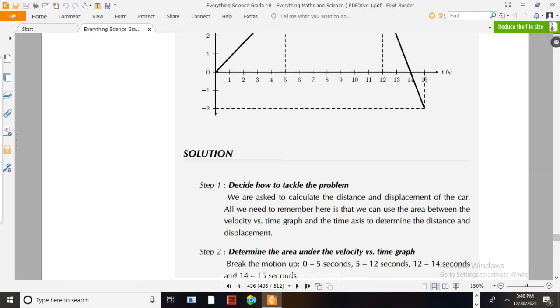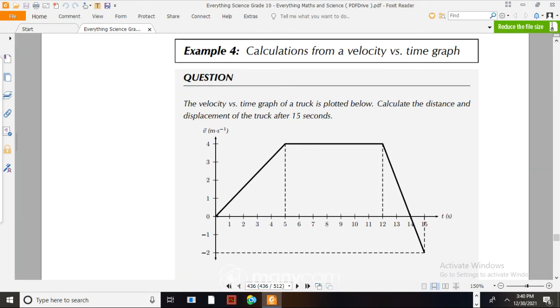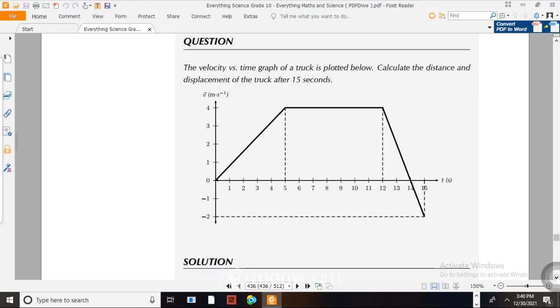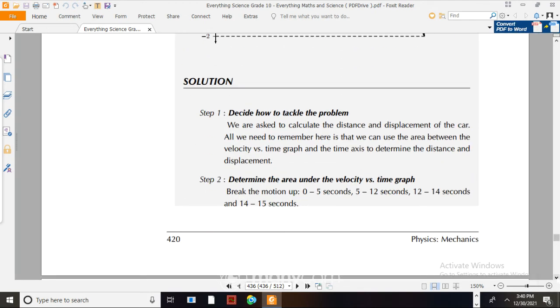The question states that the velocity versus time graph of a track is plotted below. Calculate one, the distance, and two, the displacement, after the time 50 seconds. So we are asked to calculate the distance and the displacement of the car.